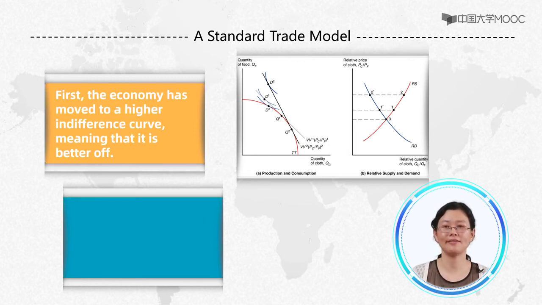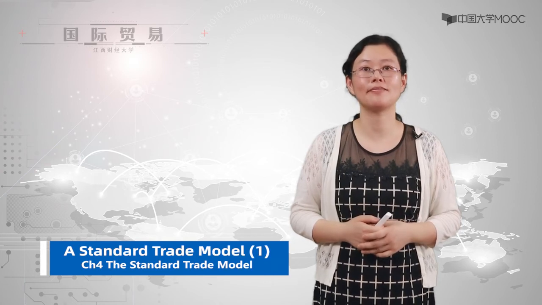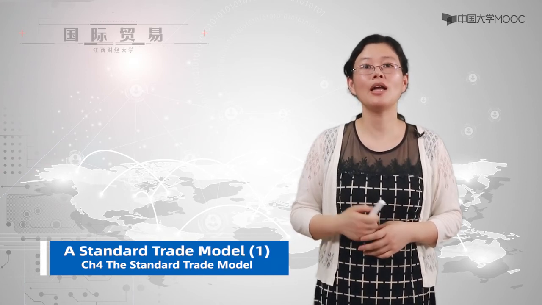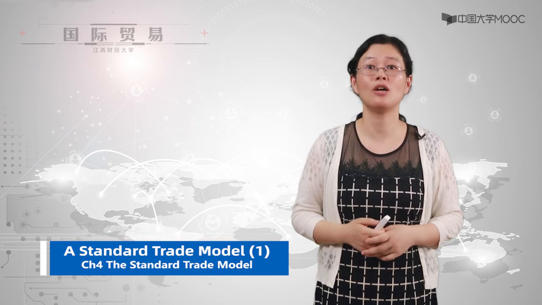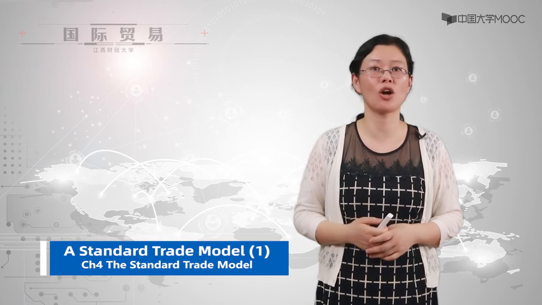Look at panel A. You will find with the rise of the relative price of crops, the isovalue line becomes steeper and a higher indifference curve can be reached. Why? Because crops is the exported product of this economy. The economy can get more food imports at a given amount of crops with the rise of the relative price of crops.